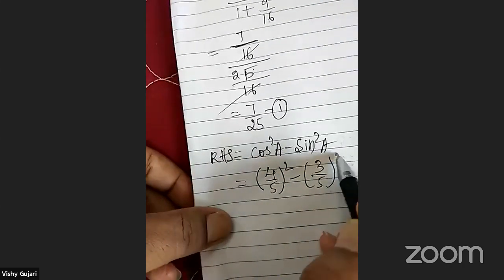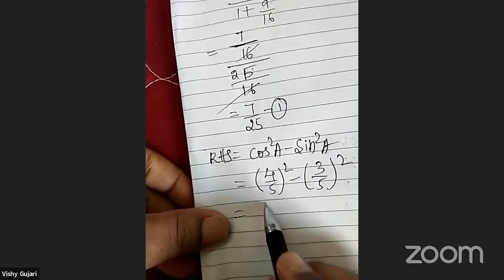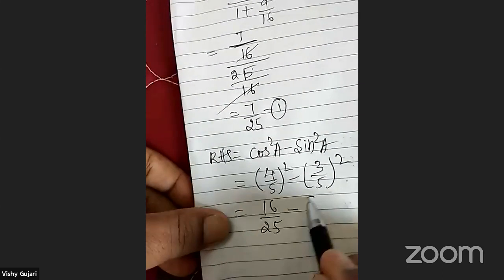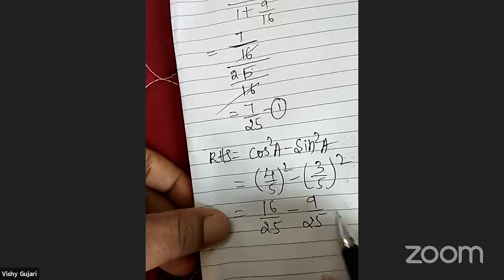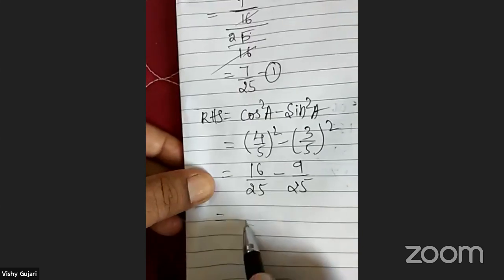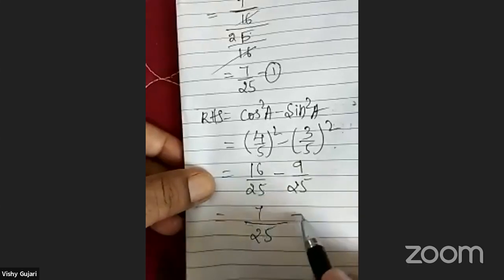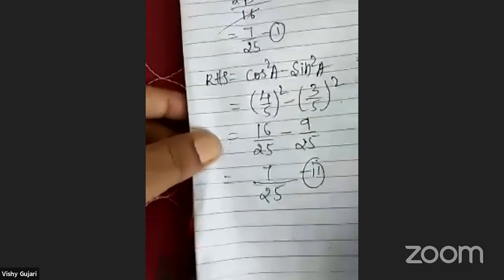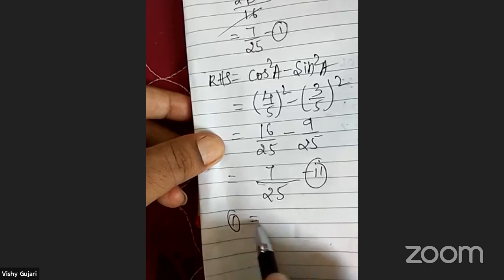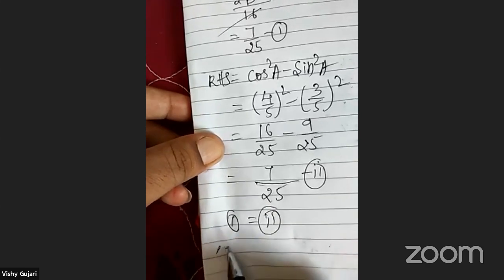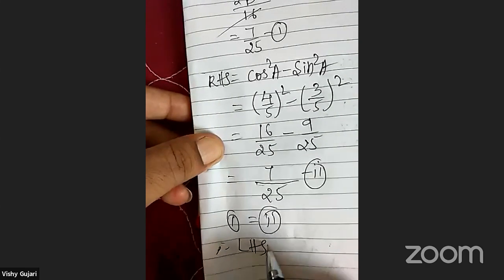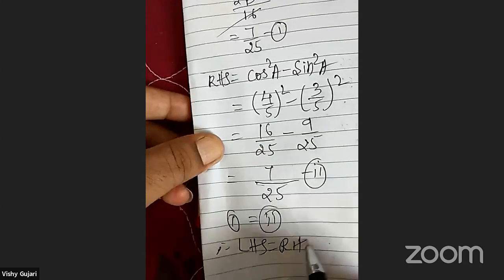That is 16 by 25 minus 9 by 25, LCM 25, 16 minus 9 is equal to 7, so 7 by 25. Equation 2. Therefore, LHS equals RHS. Write down from the beginning.